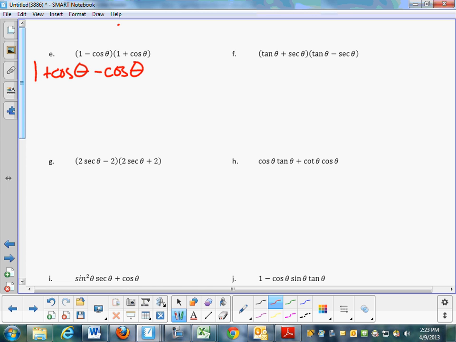And negative cosine theta times cosine theta is minus cosine squared of theta. So you end up with the cosines in the middle canceling. And we've got 1 minus cosine squared of theta, which somebody back there said.